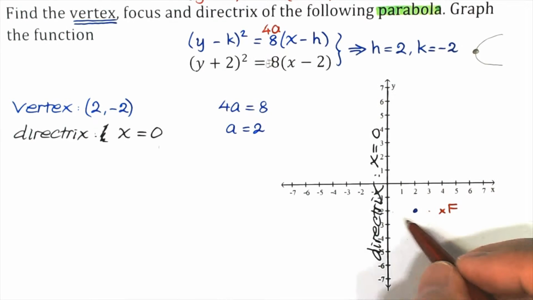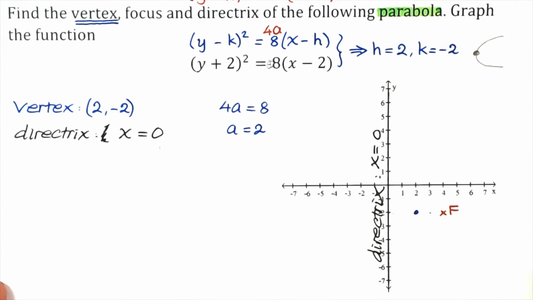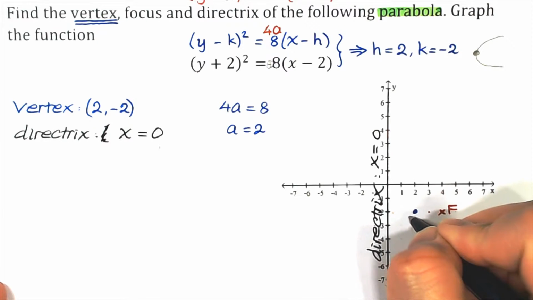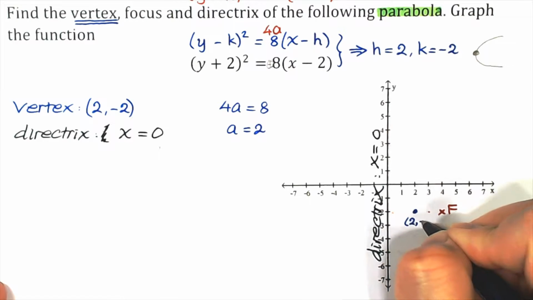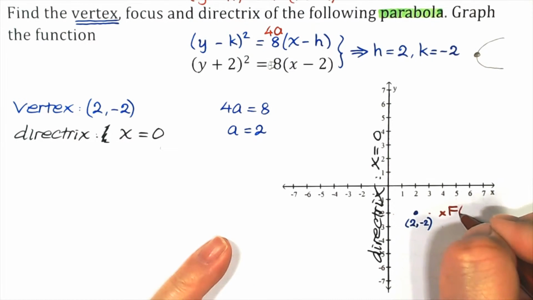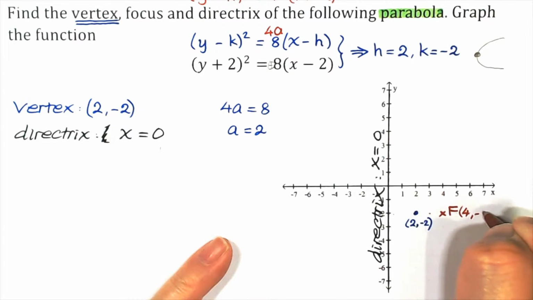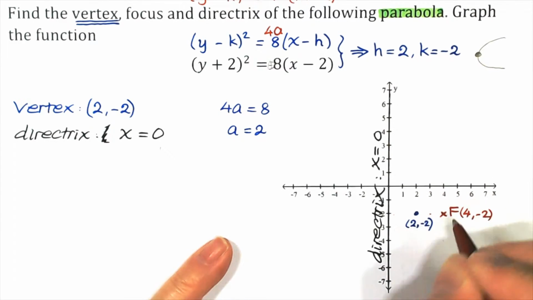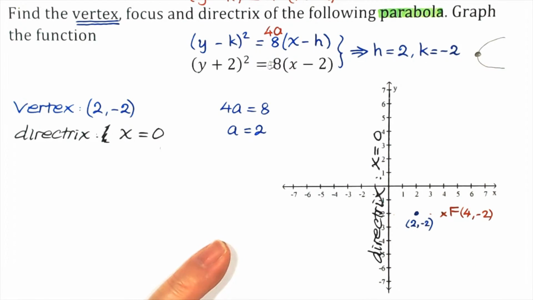And the focus, from the vertex of 2 and negative 2, we go 2 units to the right. So this should be 4 and negative 2. That is the focus. The sketch of the parabola is going to open in this direction.